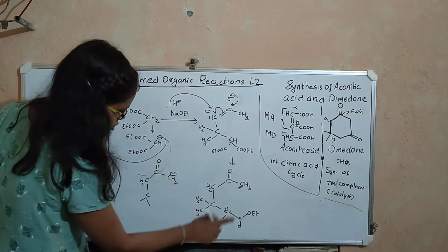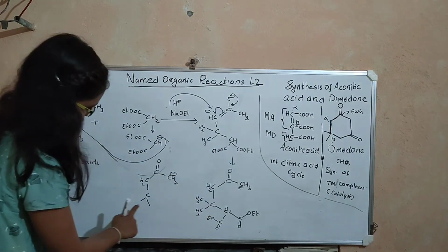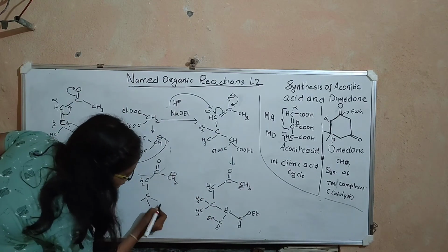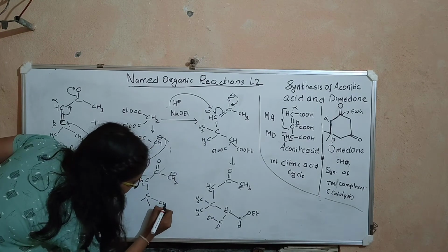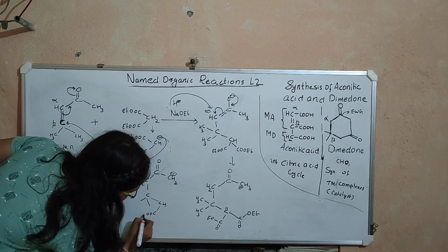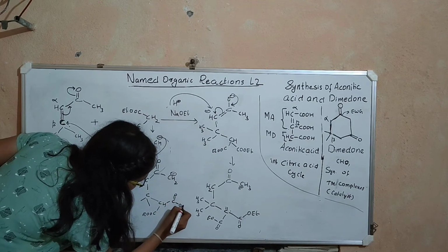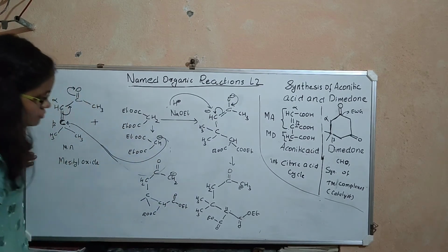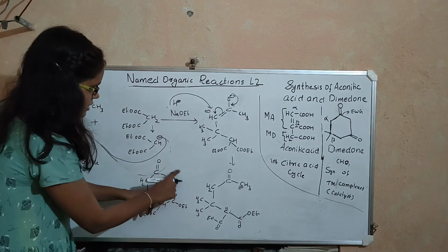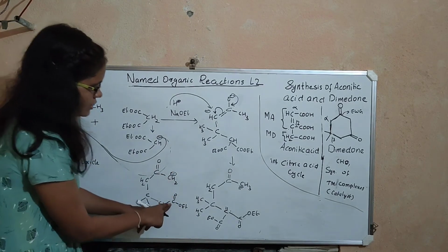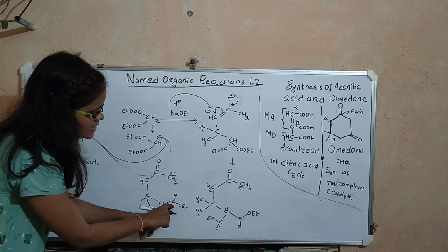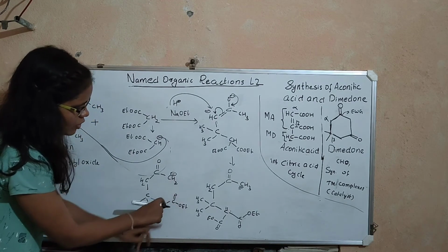You have CH, COOEt, and C double bond OEt. Now you see that there is a nucleophile and there is also a nucleophilic center in this compound, right?